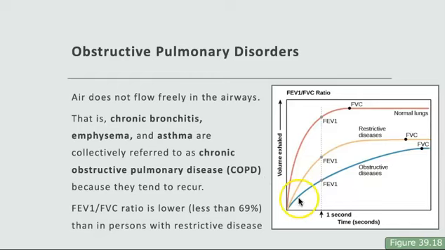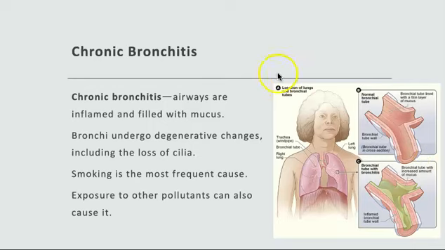Now, in these patients, we typically see the FEV1 FVC ratio is lower, less than 69%, in comparison to people with the restrictive disease. So much lower here in the blue. And in this condition, we tend to see these patients have slow exhalation as well as reduced FVC like we see here.